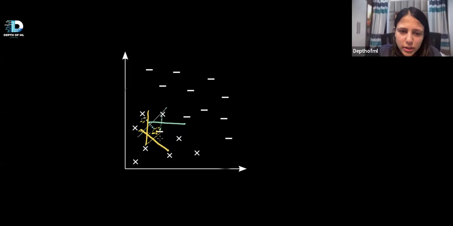With this I'll do the same, and the decision boundary of this will be like this, perpendicular.